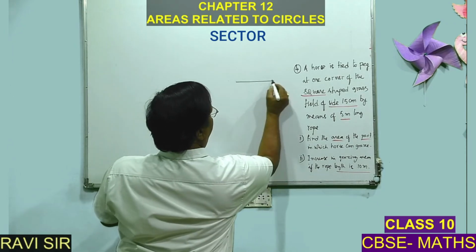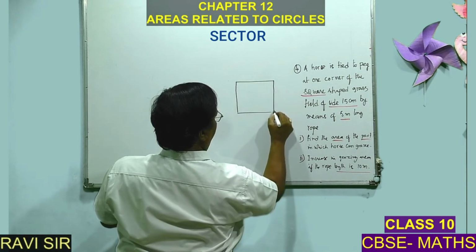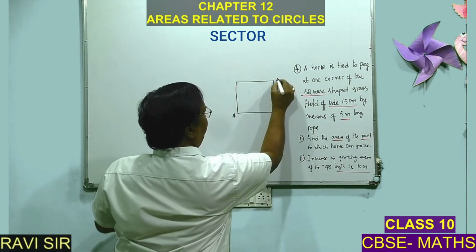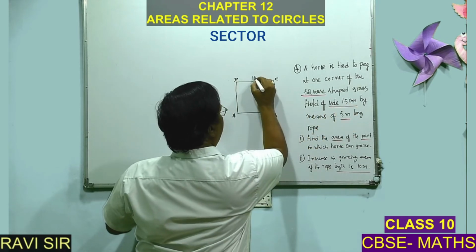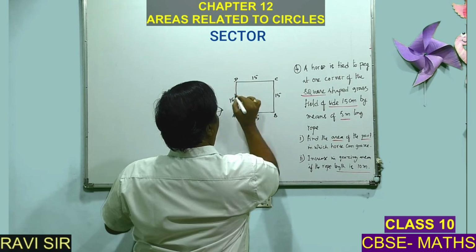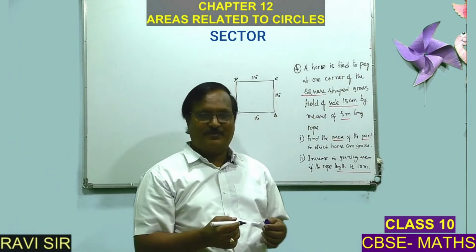A square area, ABCD, side is how much? 15 meters. The square is not looking like a square because I have drawn it approximately.